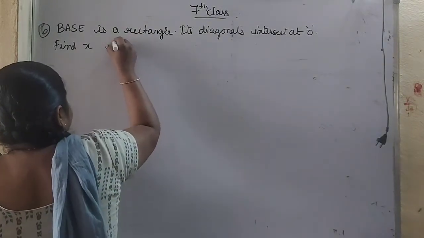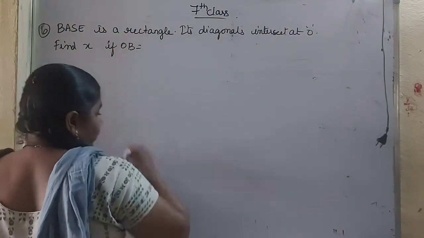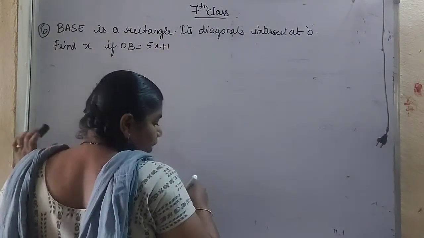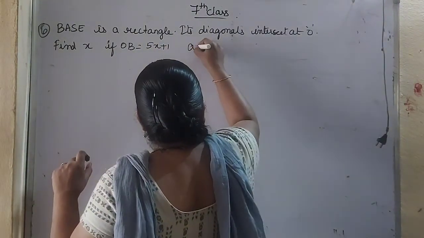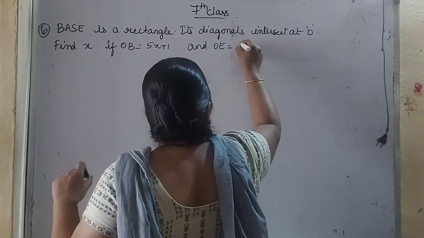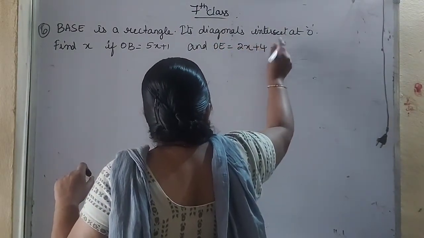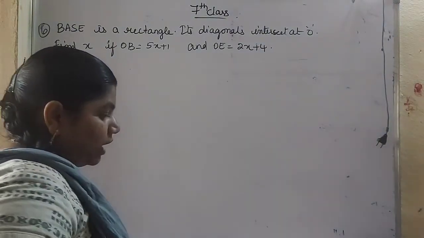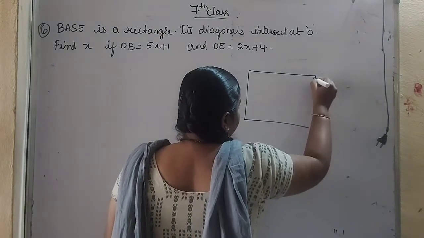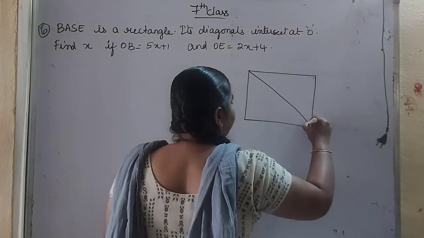if OB is equal to 5x plus 1 and OE is equal to 2x plus 4, and they have given the figure as a rectangle. By using the properties of a rectangle, we have to solve this.